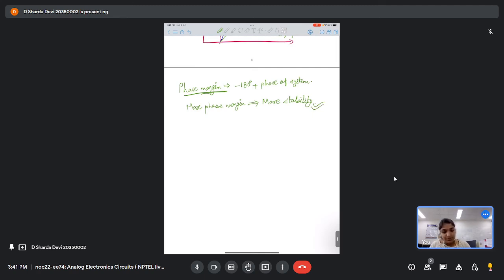And as has already been mentioned in the lecture, the phase margin is calculated at the point where, let's say this is your gain frequency plot, and here you have the phase and frequency plot.